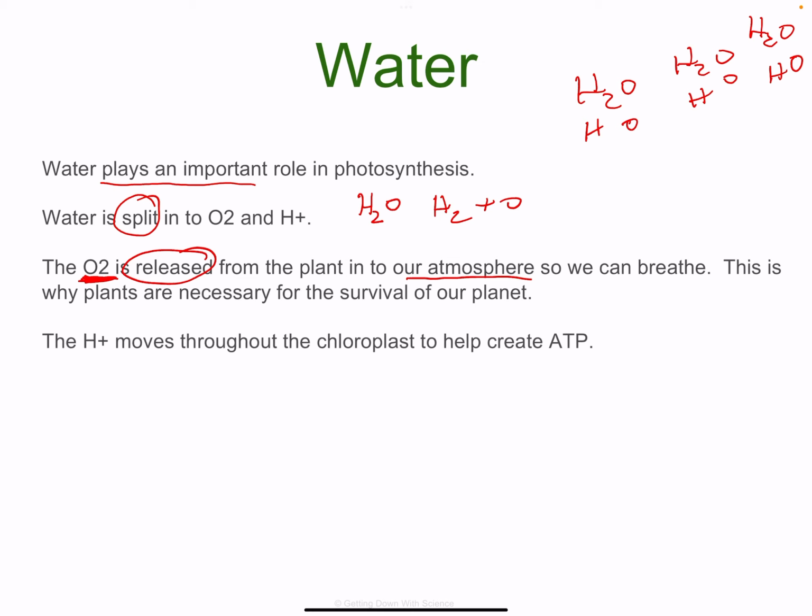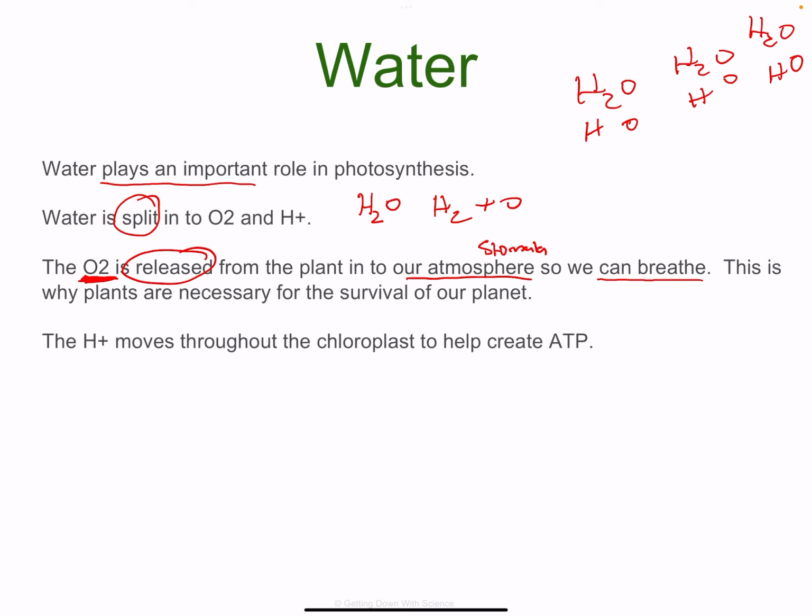So it literally is going to go through the pores that we learned about, guys, that we just mentioned a few slides ago, right? Your stomata, right? So it's going to go into the stomata, and it's going to just leave the plant and go into our atmosphere so we can breathe.